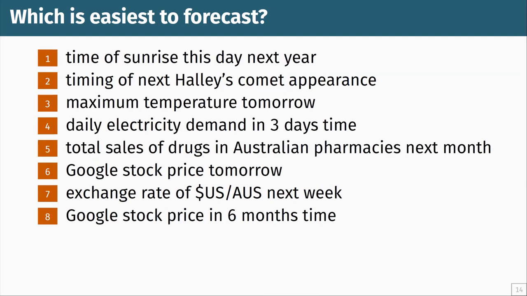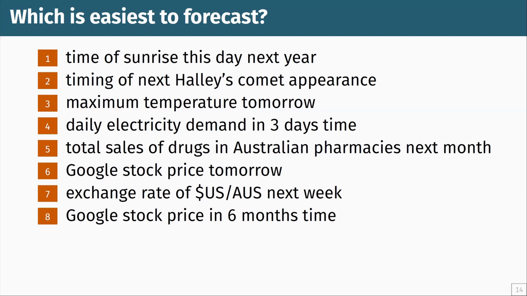The easiest on that list to forecast is the time of sunrise this day next year, even though it's a long way away and it's a daily forecast. It's such a predictable event that it is easy to forecast. Another astronomical event, Halley's Comet, is also pretty easy to forecast if you know enough about astronomy. Then meteorology is actually pretty straightforward.